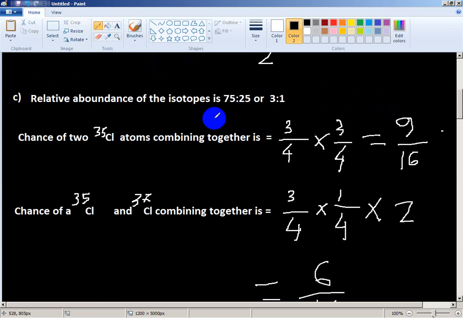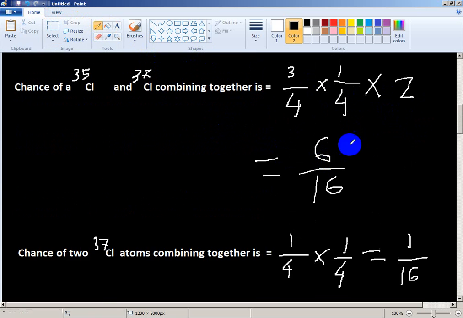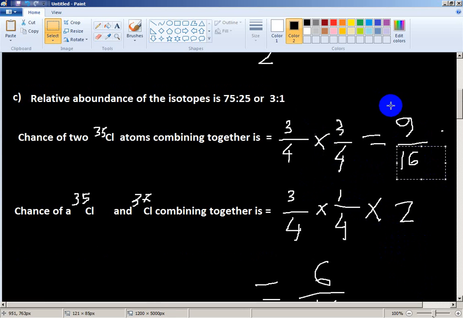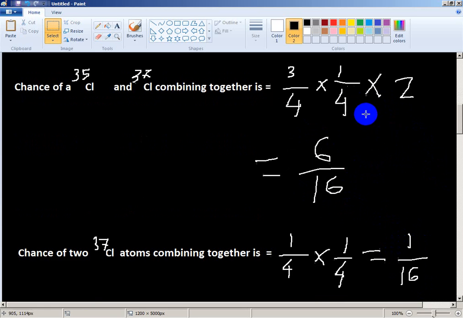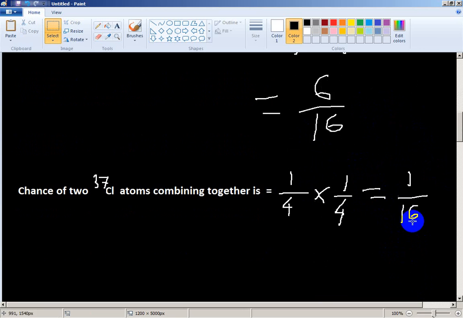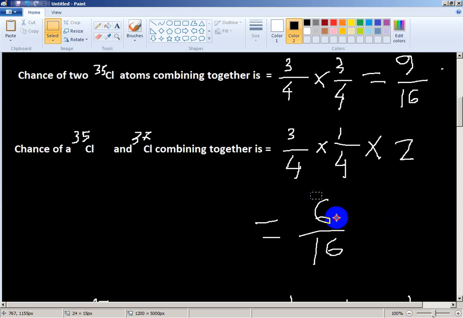Now we find the ratio. Look, all the denominators are 16, the same, so I can eliminate them and take just the top part.